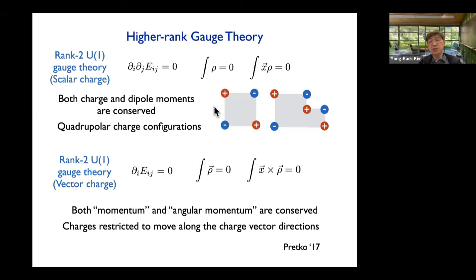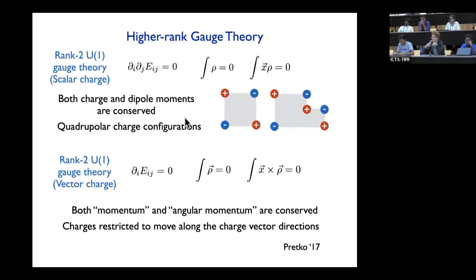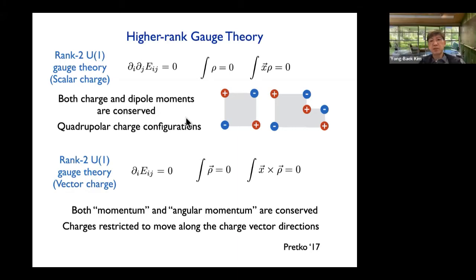This is an example where total charge is 0, but of course you can have a finite total charge. It's just that you don't want to change the total charge. So the integral gives you some boundary terms, that's correct. Yes, okay, thank you. But you still have two conservation laws. That's what I wanted to emphasize.